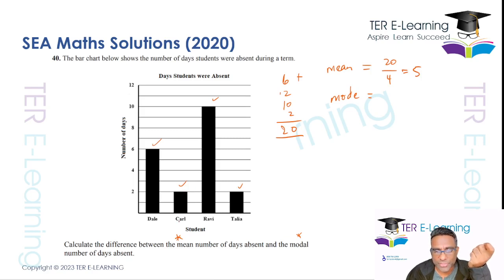So if you look at this, Carl was absent 2 days and Talia was also absent 2 days. So you have to be careful with this because some students might put 10 as the answer. So in this case, the mode is actually 2. So therefore the difference that they're talking about here, right, is going to be 5 minus 2, which is going to be 3 days, right?